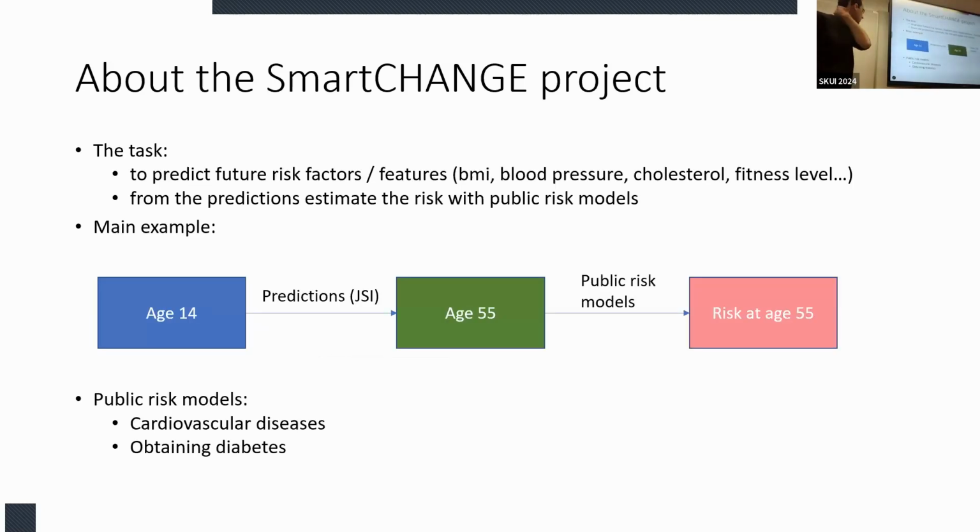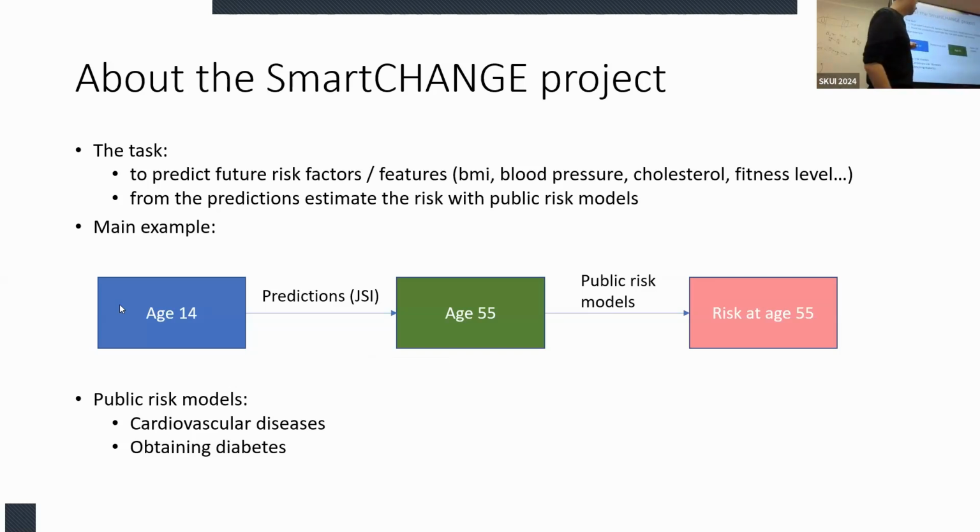So if I demonstrate what we're doing, let's say we take a person aged 14. We predict what's going to happen at age 55, and then at age 55 we predict the risk.